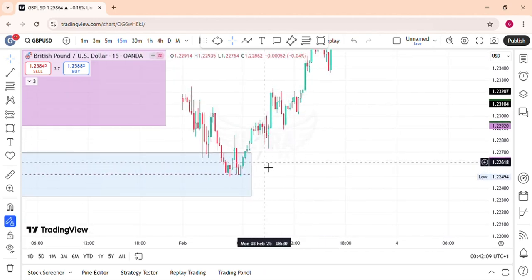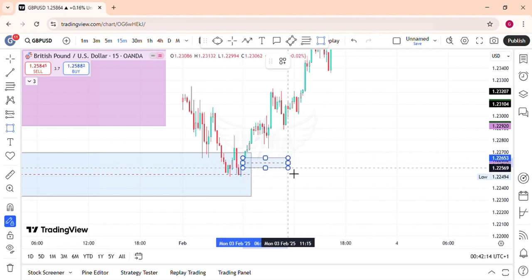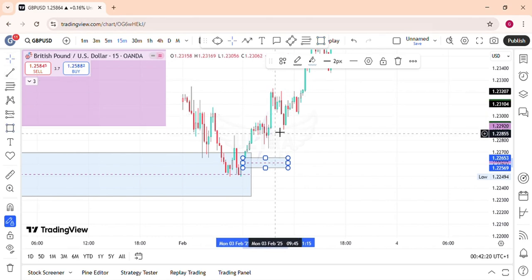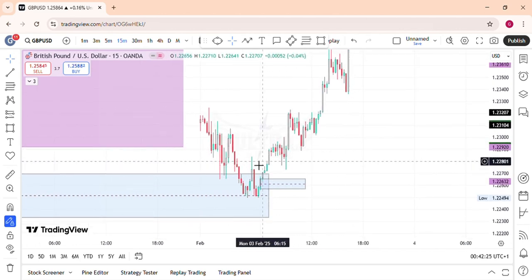So you can see our fair value gap has been right here, but market did not tap into it. Instead, market used this fair value gap to go all the way up. So you can see market just used this breaker right here.